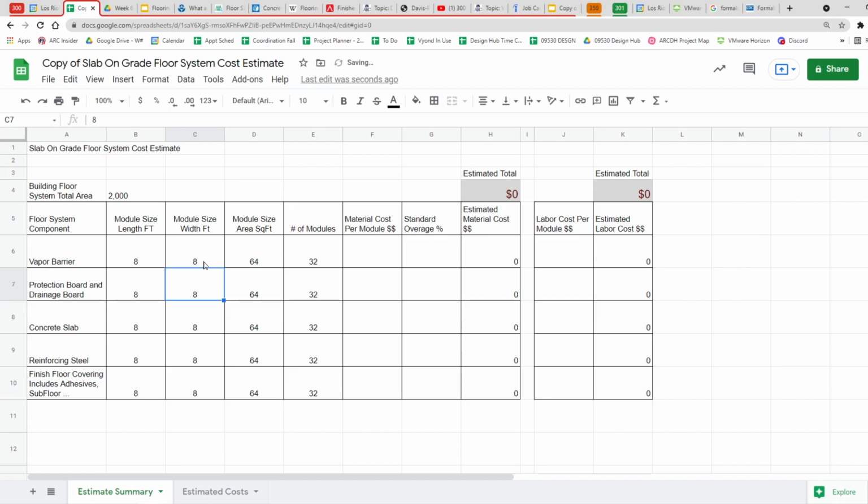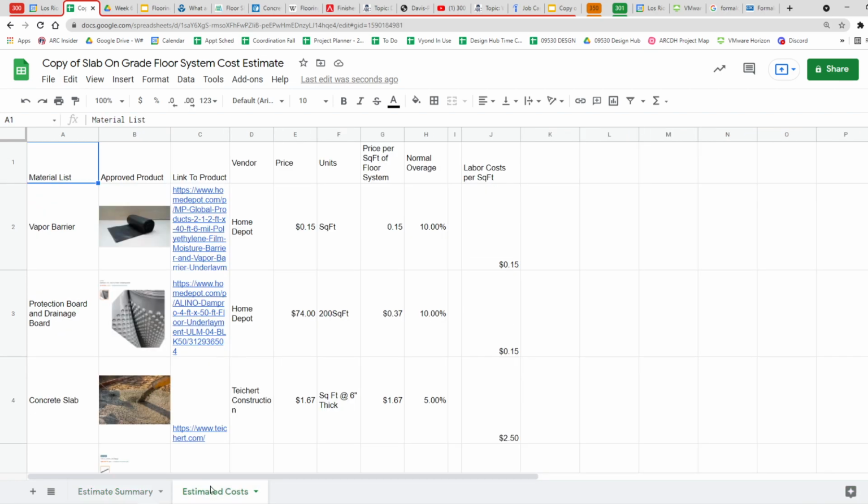It calculates for me. Now, what's my material cost per module for vapor barrier? So I've got 64 square foot. Let me look at my cost. Vapor barrier, I have per square foot. Make that a dollar sign. It's 15 cents per square foot. There it is right there.